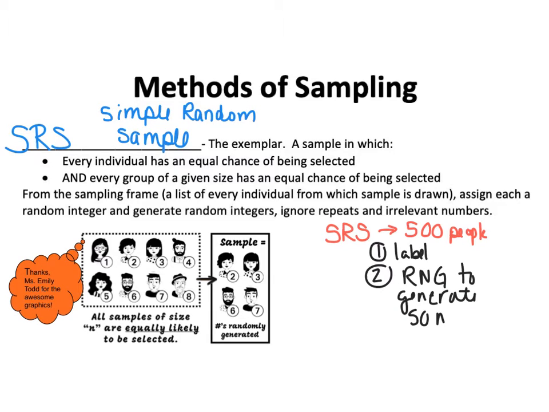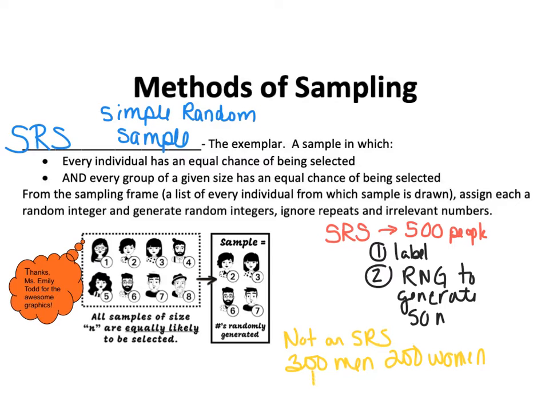But here's what is not an SRS. So let's say of these 500 people, there are 300 men that make up the group and there are 200 women. So you decide that you want a proportional amount of men and a proportional amount of women.